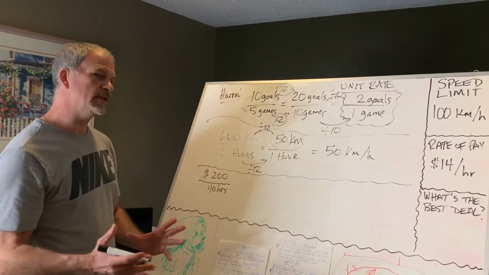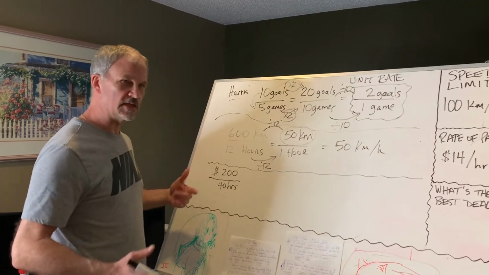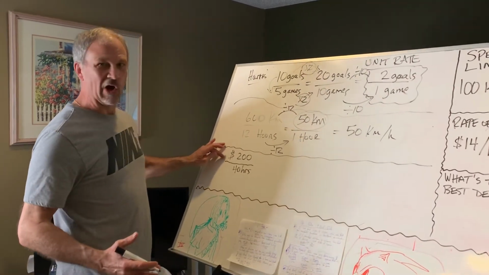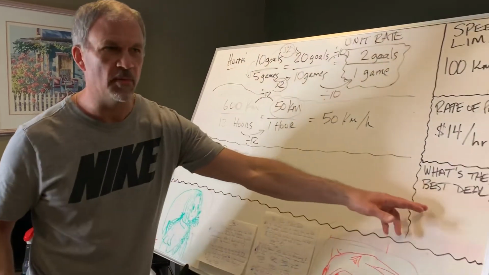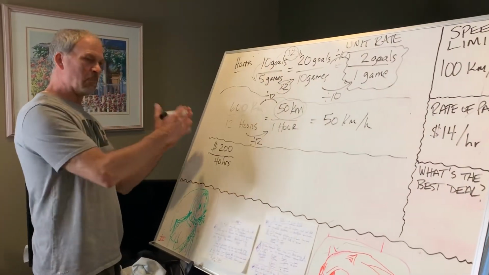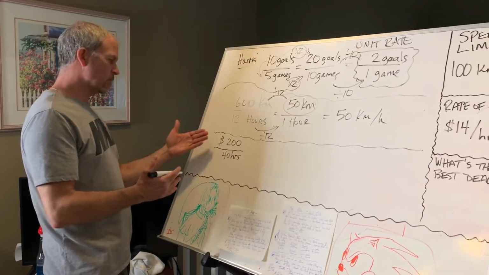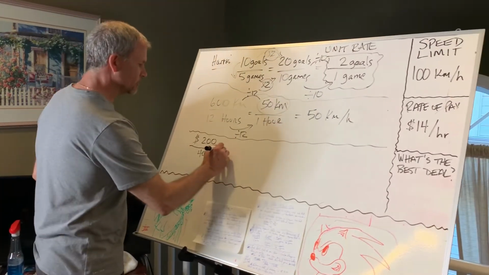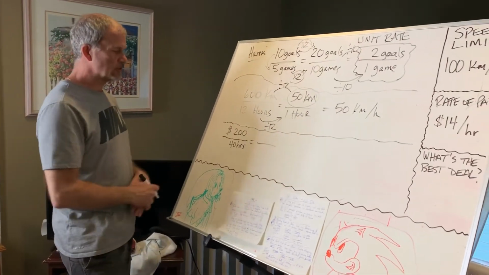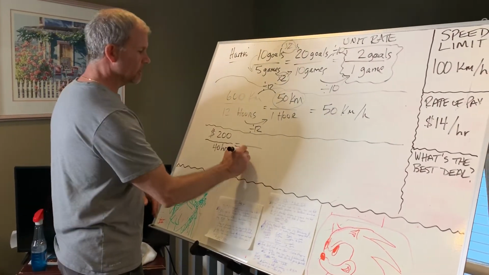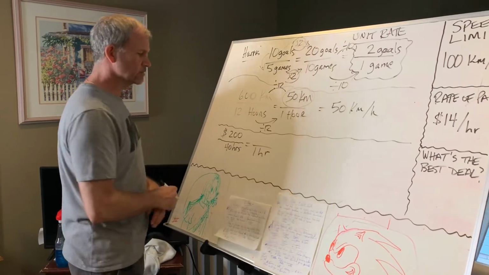By the way, when you read these questions and you see dollar signs and you see hours, typically dollars goes on the top, if you think about it, right? And even when we talk about the best deal, what's the unit rate? It's money per item. So this is money per hour. But if I want to know how much you make, if you've made $200 in 40 hours, again, I want to know what 1 hour is.